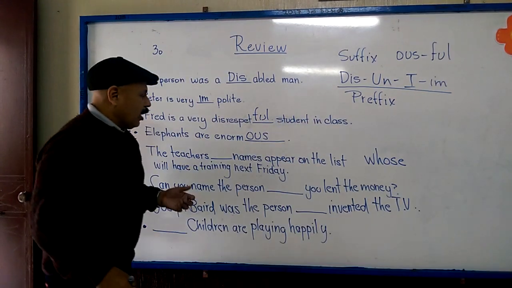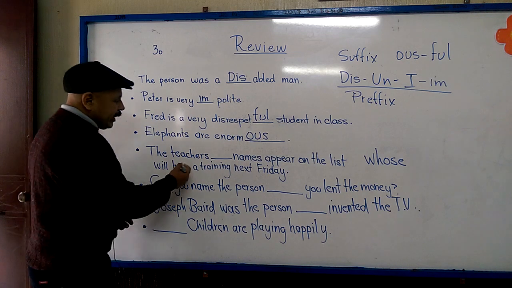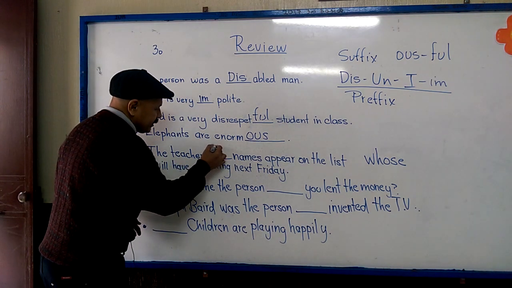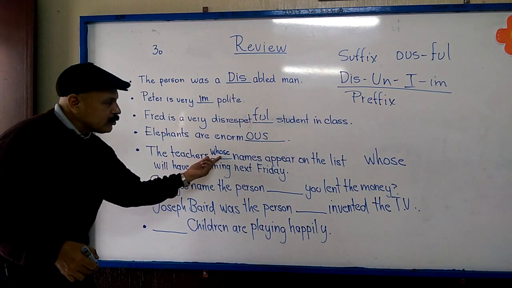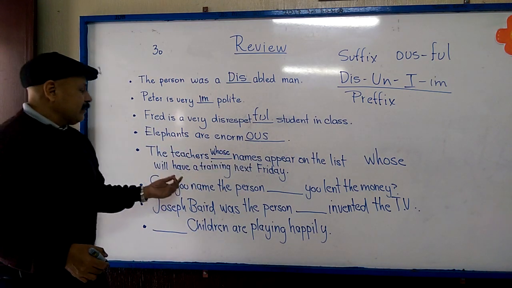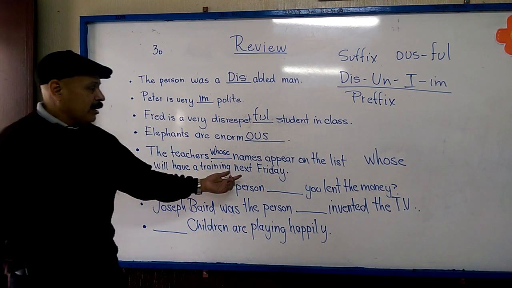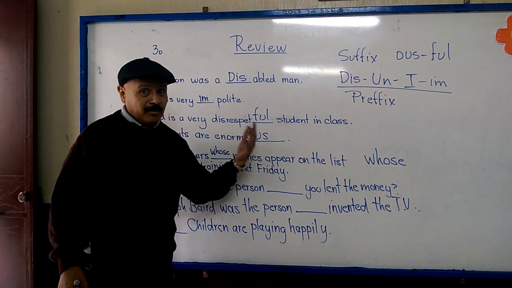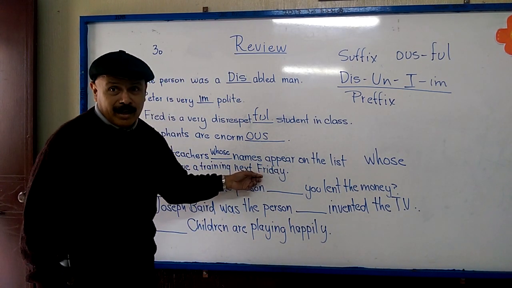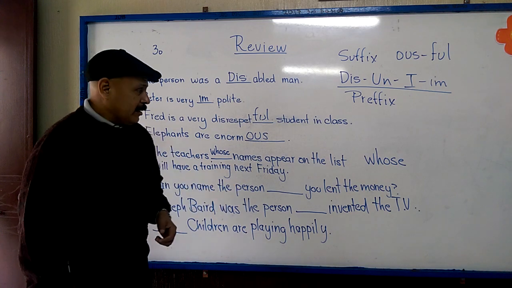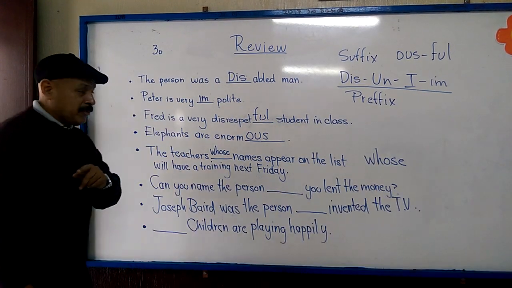So, how can I complete this sentence? By writing the teachers whose names. Whose names. Los maestros cuyos nombres aparecen en la lista tendrán un training o una capacitación en español el próximo viernes. Viernes con mayúscula. Remember, in English, all the days of the week are with capital letter, as well as the months of the year. So try to remember that.